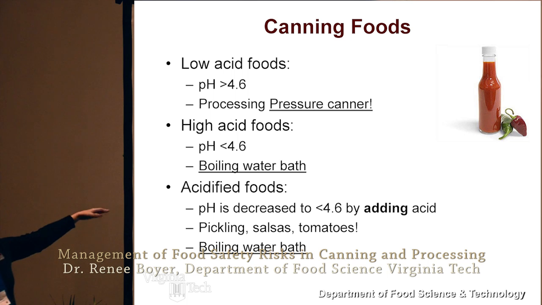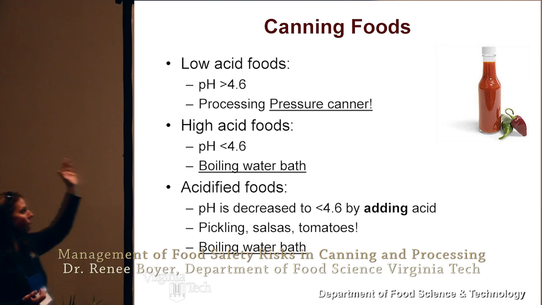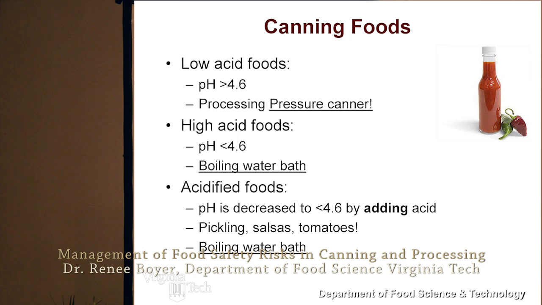And then there's a category called acidified foods. Those are foods that you've done something to in order to lower the pH. So you've added some type of an acid. And those can be processed in a boiling water bath. I just wanted to point out that the regulations break those categories up into those 3 different categories.